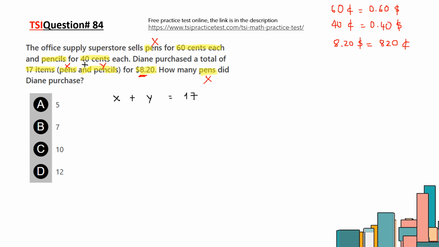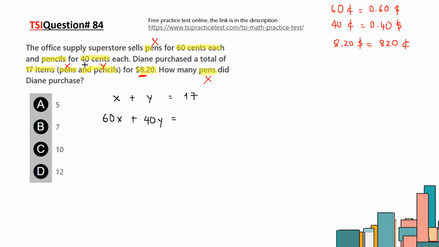For the pens, 60 cents each, so 60 times x is the cost of x pens. You add 40 cents times y, where y is the number of pencils.